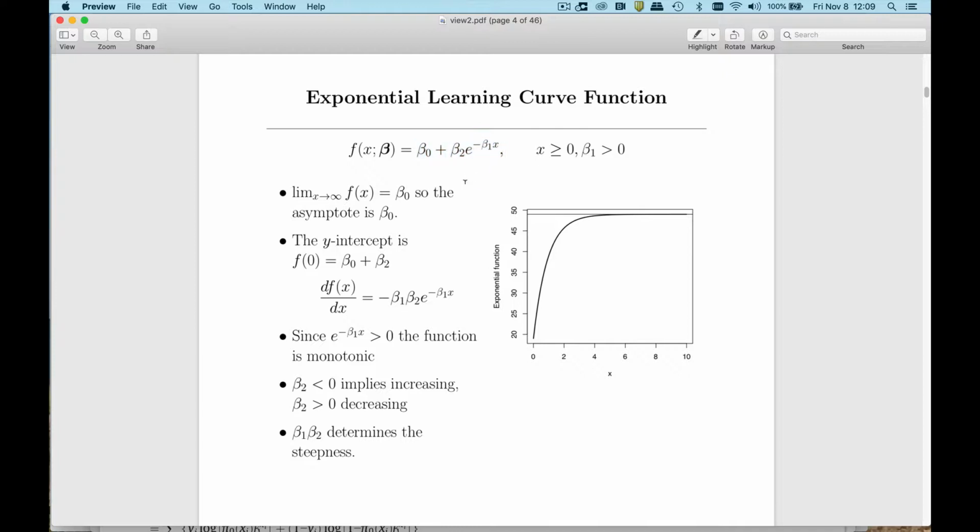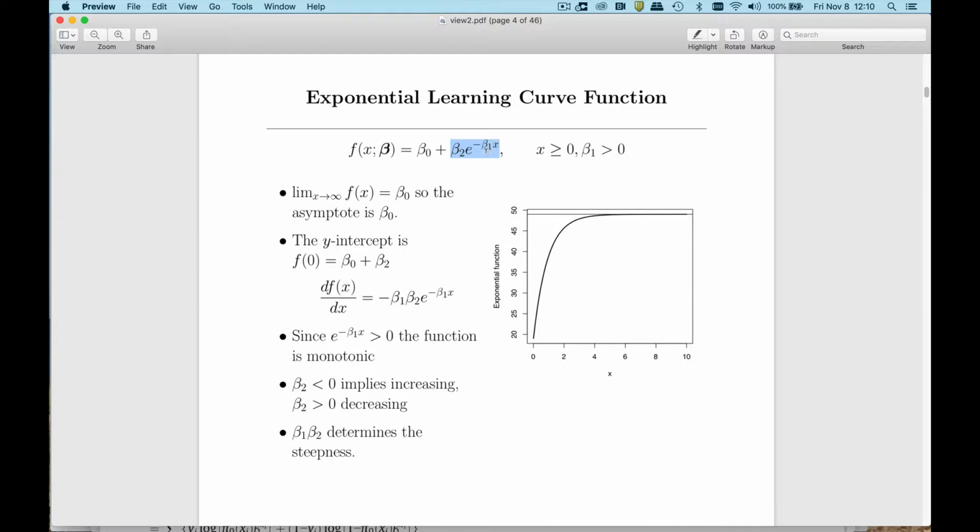So let's just think about what happens. As x gets really, really big, we have negative beta 1. Beta 1 is a positive number, so this whole term is going to go to 0. If that goes to 0, beta 2 times 0 means that this whole second term vanishes.